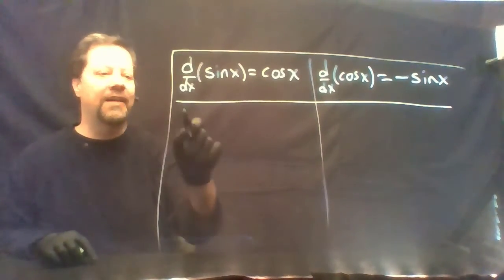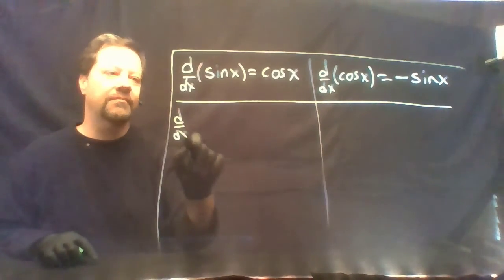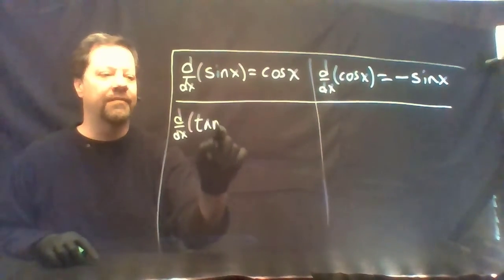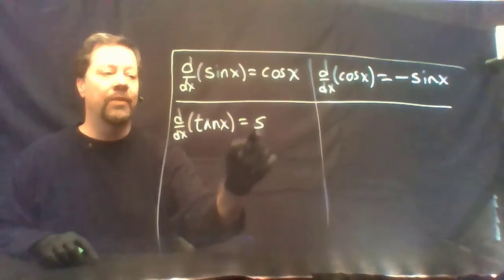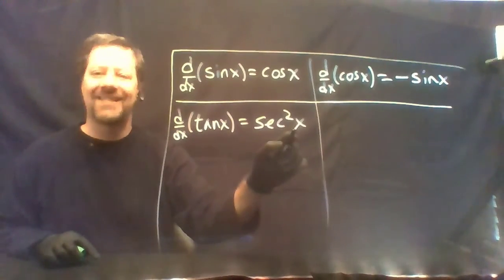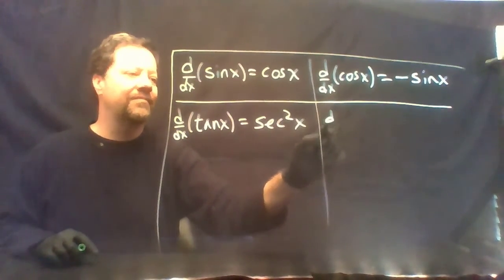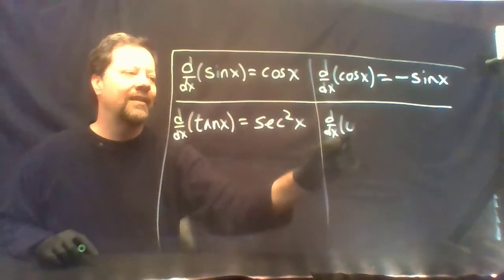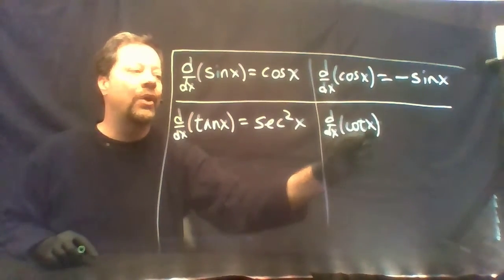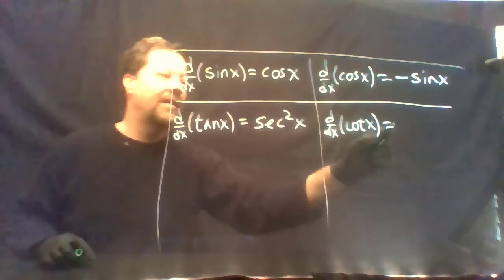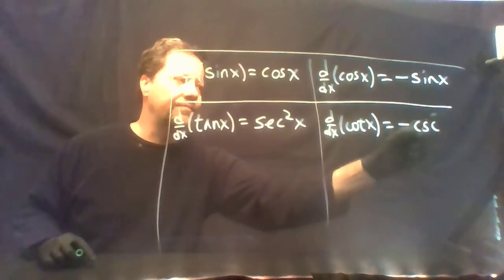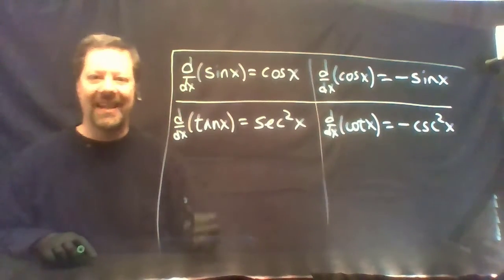Next, we have the derivative of the tangent function, which you know to be secant squared x. The derivative of the cotangent function is minus cosecant squared x.